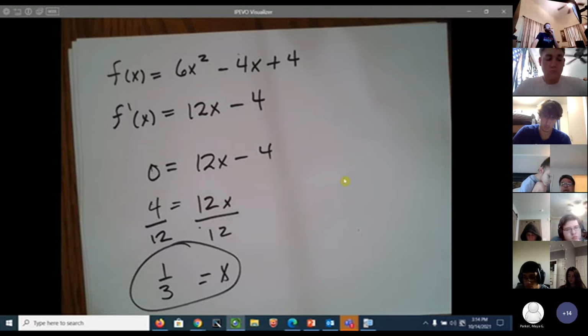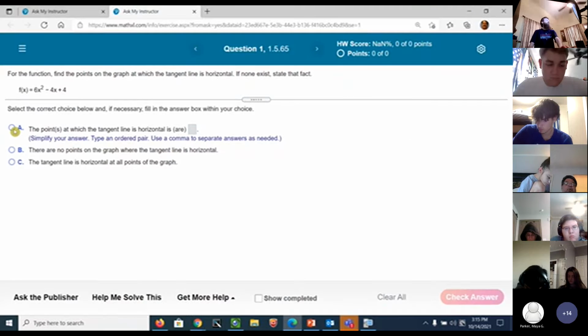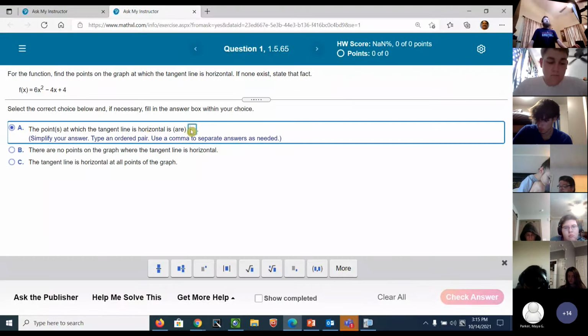And again, if they want the x and y, which I don't know why they'd want that unless they just want you to do the work, you plug in 1/3, and that would be 6/9 minus 4/3 plus 4. And do that math. I meant the 1/3.